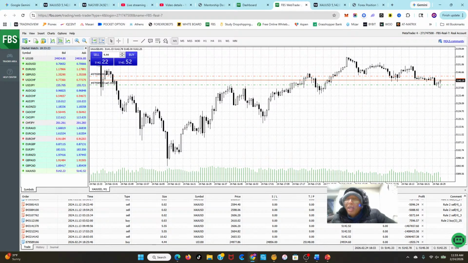That bar, you can see, was overshadowed really quickly by these three movements. It was a big red bar, but it's been overshadowed by the three green bars.